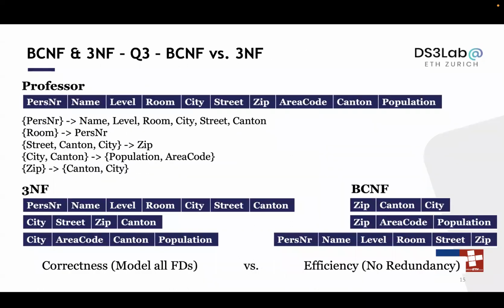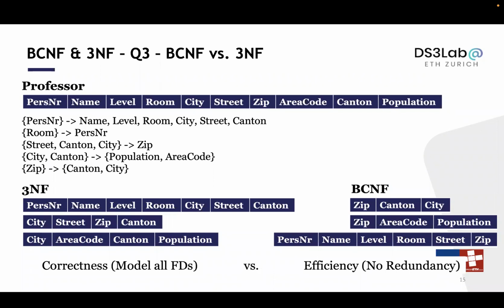Okay. And we also talked about how to put BCNF and Sternal form side by side to understand their properties. What's interesting is that Sternal form tries to emphasize correctness, in the sense that all the functional dependencies will be preserved. But on the other hand, it could contain data redundancy caused by functional dependency.